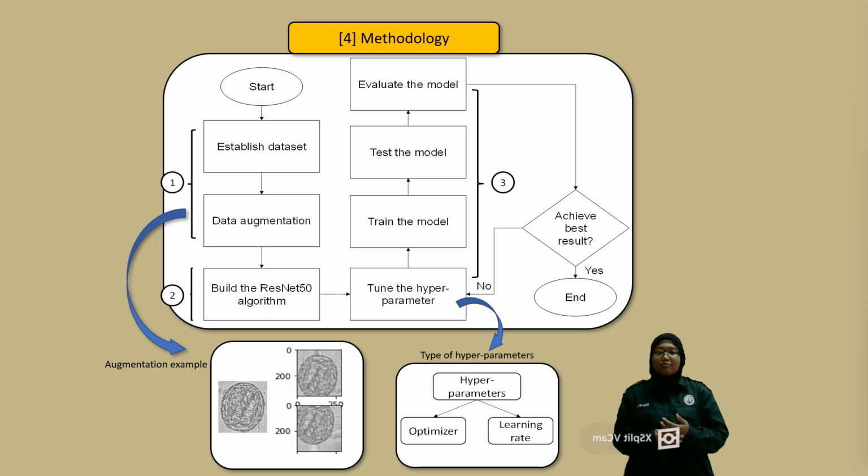The optimizer involves adaptive moment estimation, known as ADAM, and stochastic gradient descent with momentum, known as SGDM. Meanwhile, learning rate is tuned from 0.00001 until 0.01 with an increment of 10 to the power of 1.